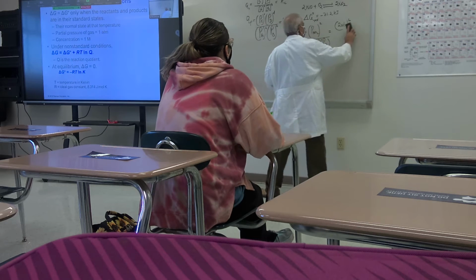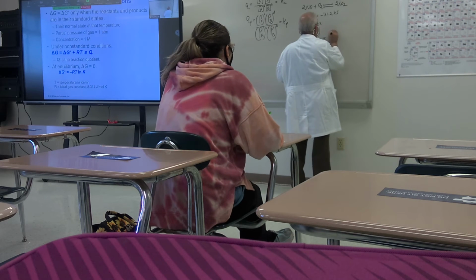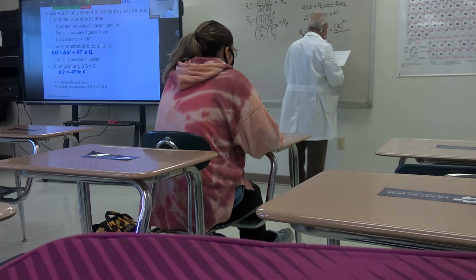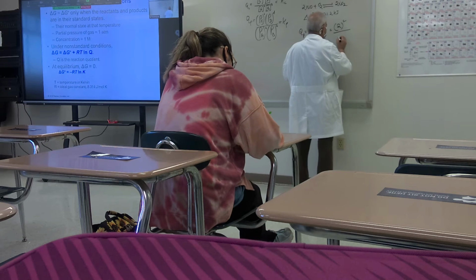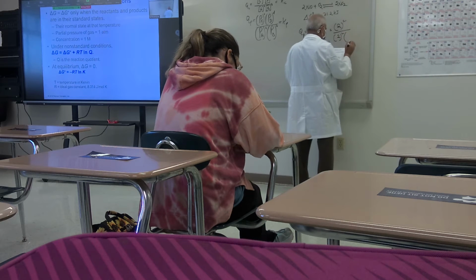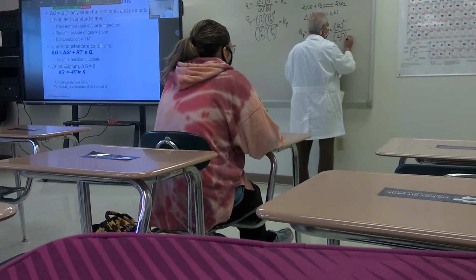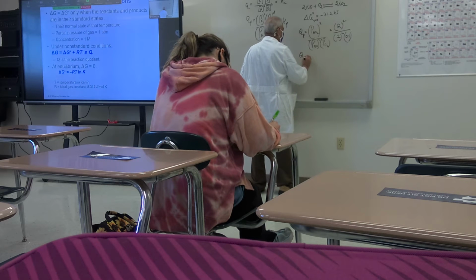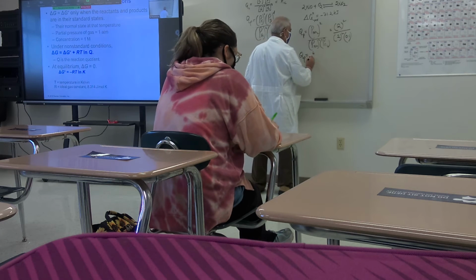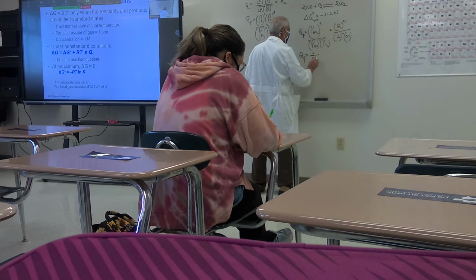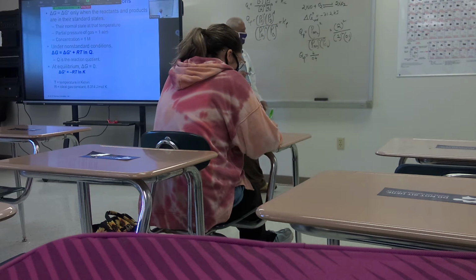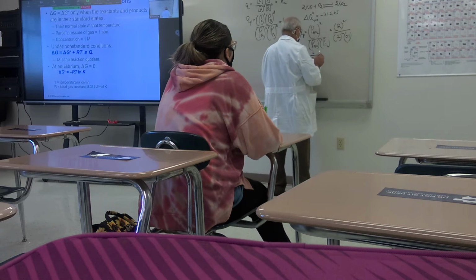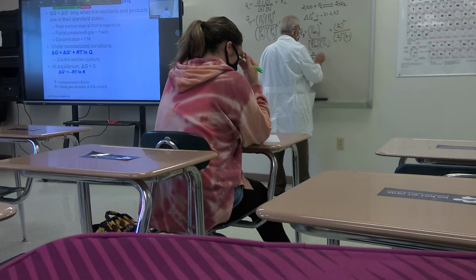I'm not going to write the unit. This is going to be 2 square, and the partial pressure of nitric oxide is 2 again whole square, and the partial pressure of oxygen is 0.1.